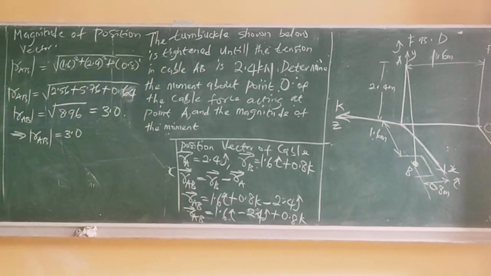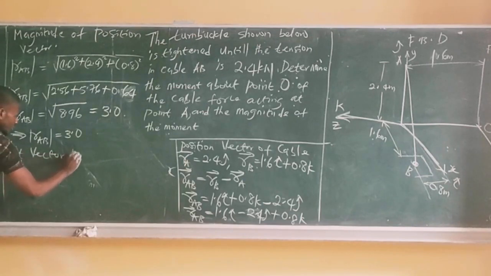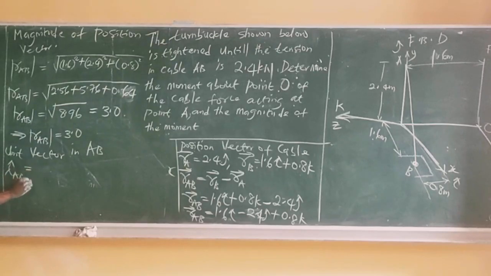Now after obtaining the magnitude, the next thing to find is what we call the unit vector. The unit vector in cable AB is signified as lambda AB. Lambda AB means the unit vector in AB, and that is equal to the position vector of AB over the magnitude of the position vector of AB.